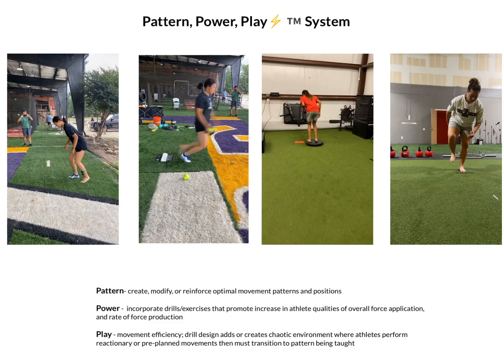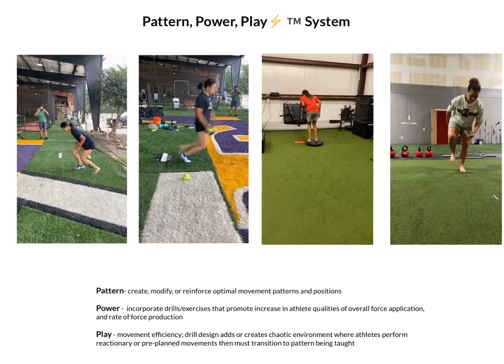And an example of that we can see here for the athlete over here on the left that's pitching. She's got good hip extension patterns and qualities. Now we want to be able to help her express that even more aggressively. So we watch and develop the drill.